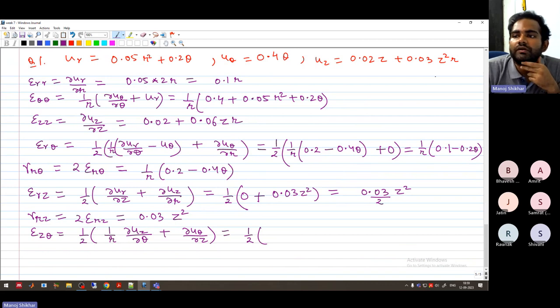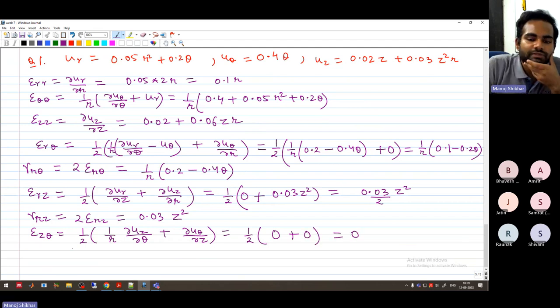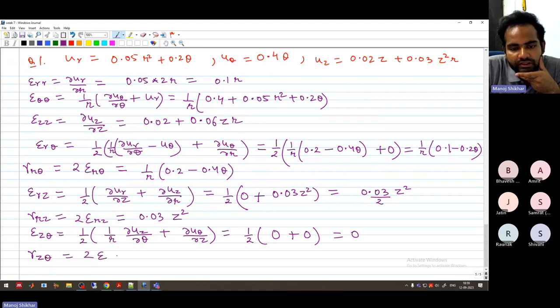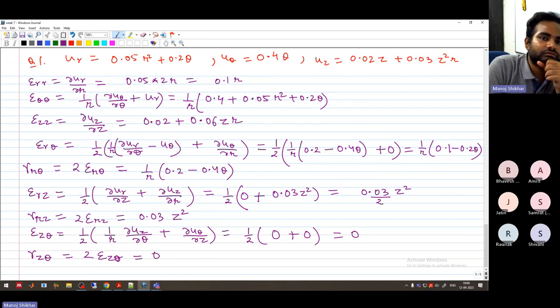So z does not depend upon theta, so the first term will become 0. Also, u theta does not, uz does not depend upon theta. So the first term is 0. U theta does not depend upon z, so the second term is 0. So epsilon z theta is 0. So gamma z theta is 2 times epsilon z theta, and it turns out that shear strain z theta is 0. Okay.